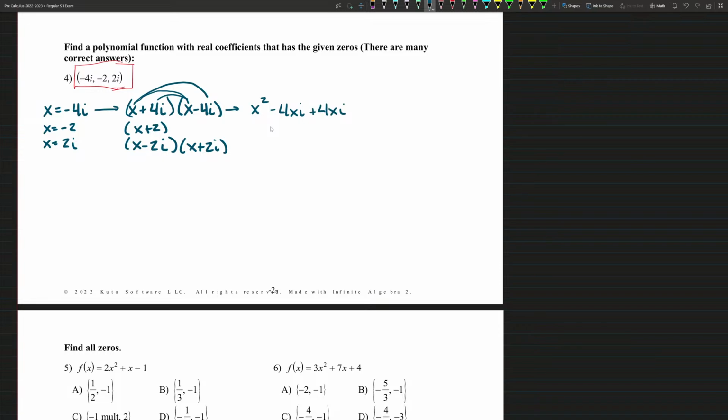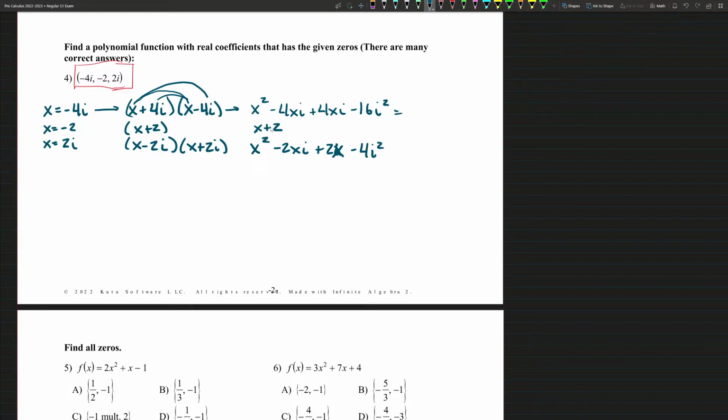And then 4i times negative 4i is negative 16i squared. x plus 2 is just going to stay there. x minus 2i times x plus 2i, if we do the same thing we did above, we get x squared minus 2xi plus 2xi, and then minus 4i squared.